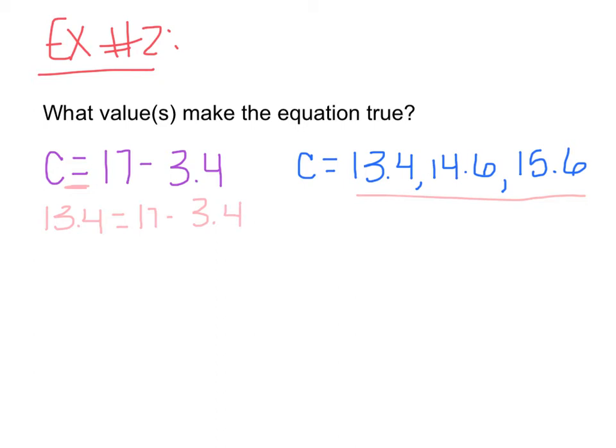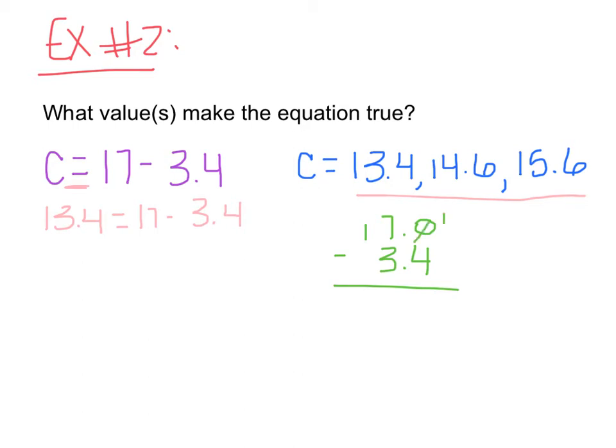So let's see what 17 minus 3 4/10 is. Now 17 is a whole number, so I have to add a decimal, annex a 0, and now I can subtract.